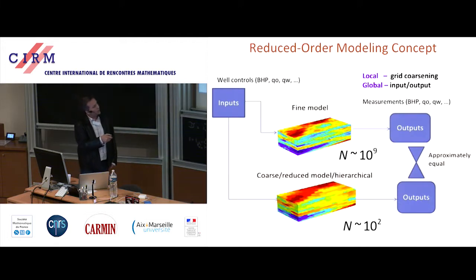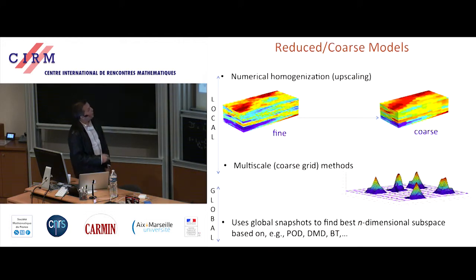So I'm missing basically 2 zeros here to be comparable to the numbers that they are thinking right now. And our goal is basically with a couple hundred degrees of freedom, be able to get outputs that are comparable. And in the sense that are comparable is mostly the quantities of interest that we have, how do we match them? So how do we go about it?